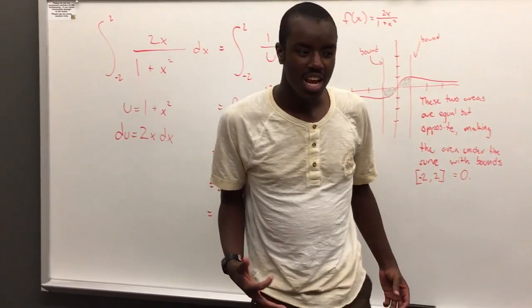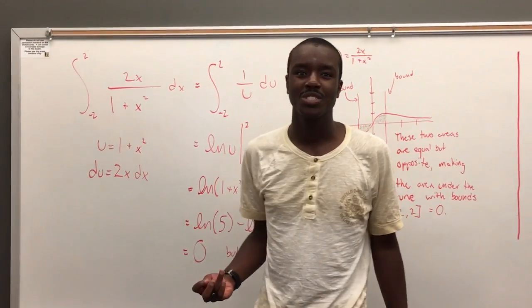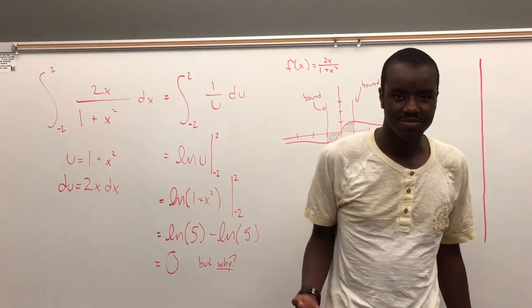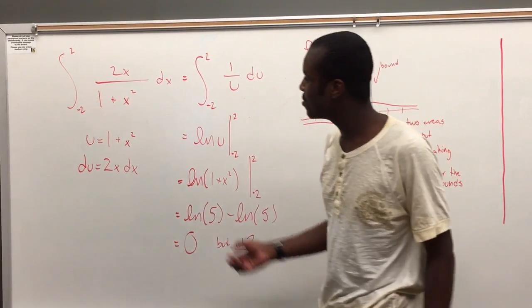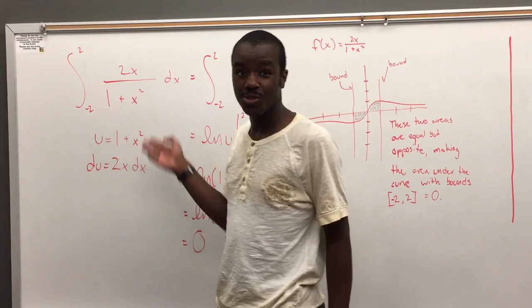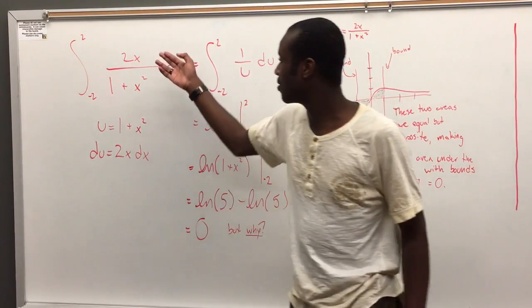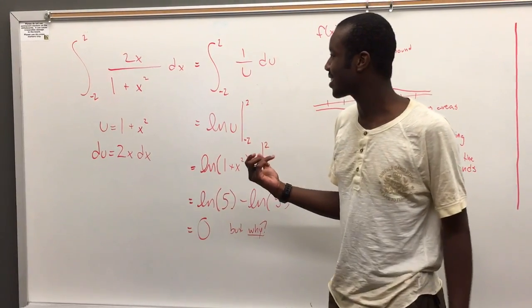Now, today I'm going to be teaching you how to go through the steps of some problems of integrals using u-substitution. So the first thing we're going to look at is to find the definite integral with bounds -2 to 2 of 2x over 1 plus x squared dx.